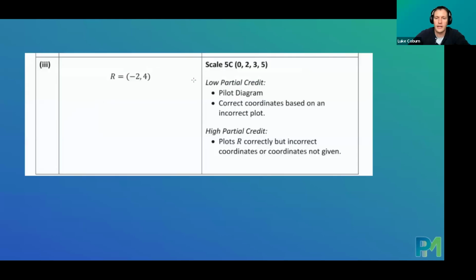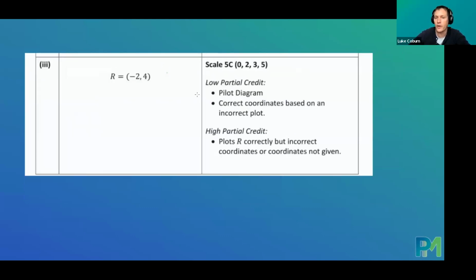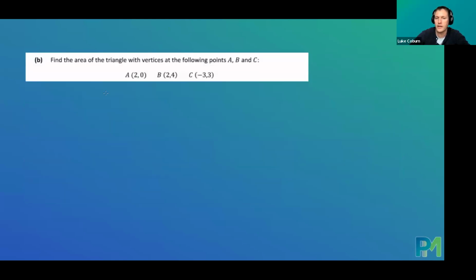And then if we drew a diagram where we had R over here somewhere, but it wasn't exactly in the right spot, we could still get the low partial credit. Or if you plot R correctly, so if you put R in the right place, but you don't write down the coordinate properly, then you get a high partial credit. Okay.